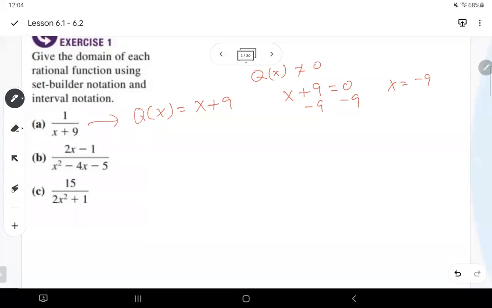So how do you answer that? The domain in set builder notation would be x such that x is a real number where x does not equal -9.